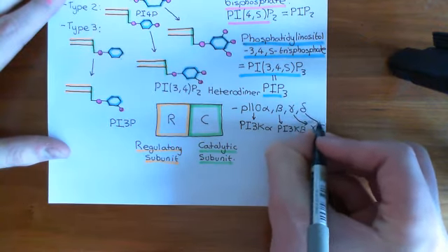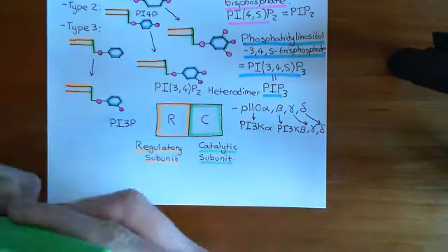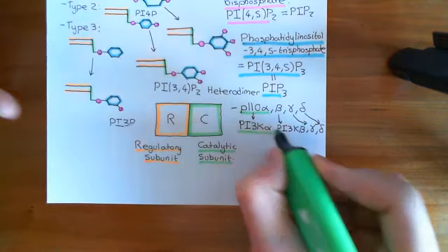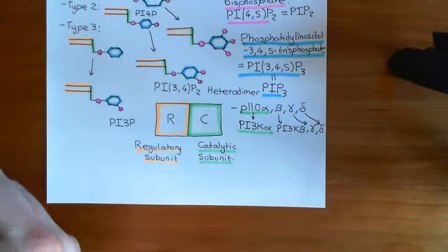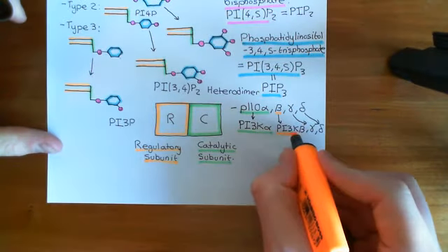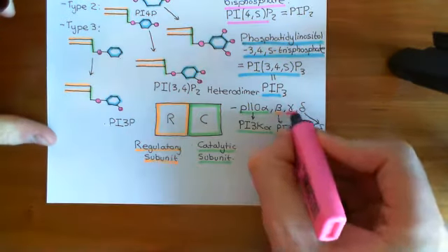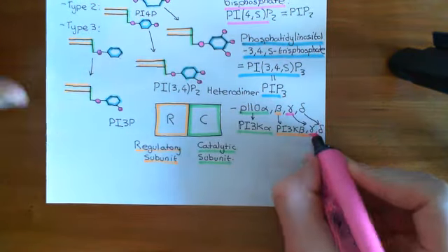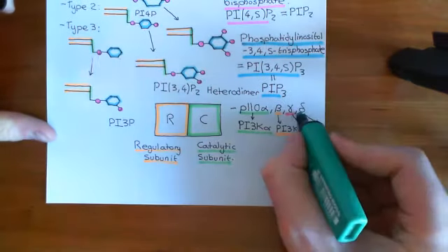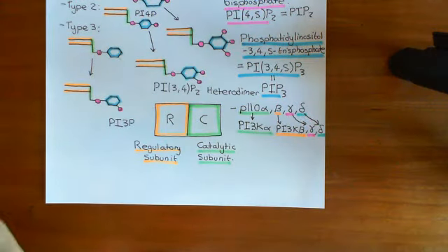So this is the naming of the different type 1 PI3 kinase enzymes. If you've got P110 alpha as your catalytic subunit, you are called a PI3 kinase alpha. If you've got P110 beta, you are called PI3 kinase beta. If you've got a P110 gamma subunit, you're called a PI3 kinase gamma enzyme. And if you've got P110 delta, you're called PI3 kinase delta.